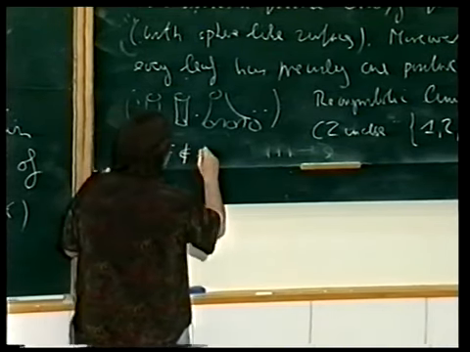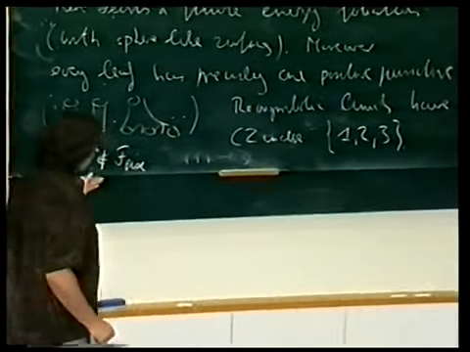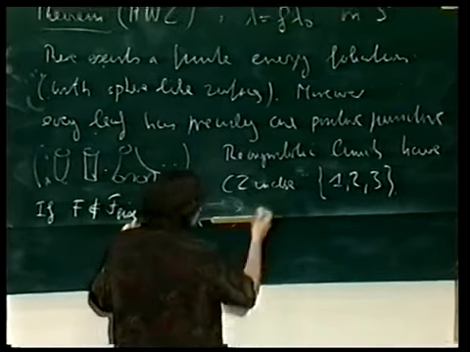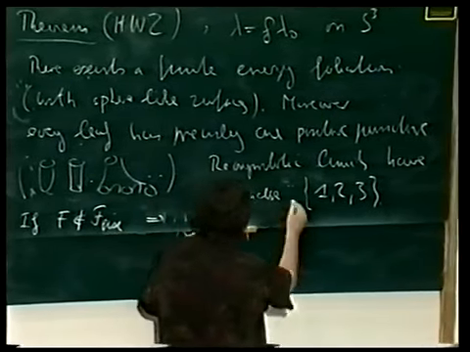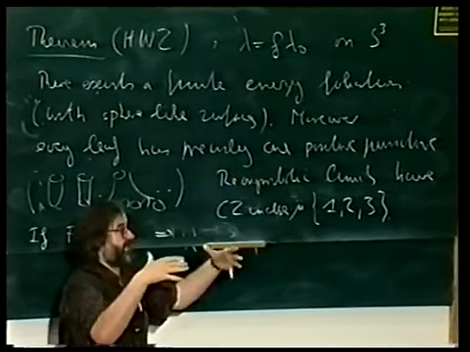And then, moreover, if f is not in the fixed point set, then each of the punctures, the periodic orbits at the end, has a Conley-Zehnder index mu.